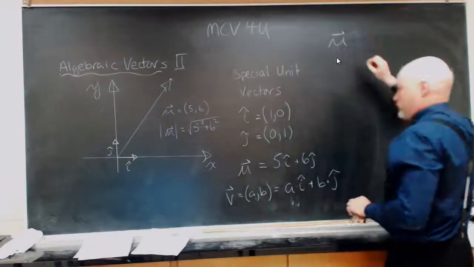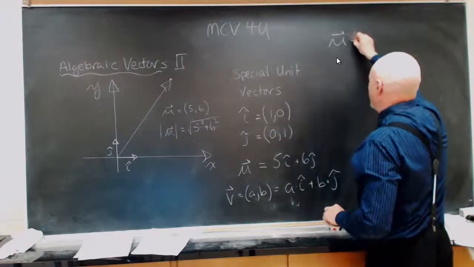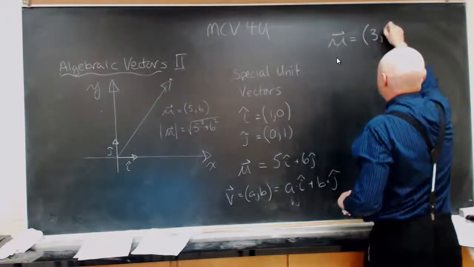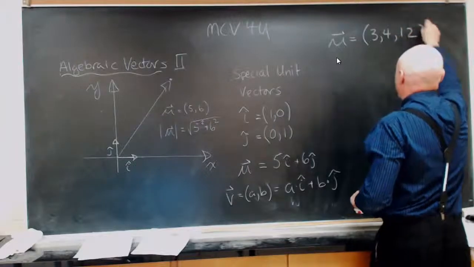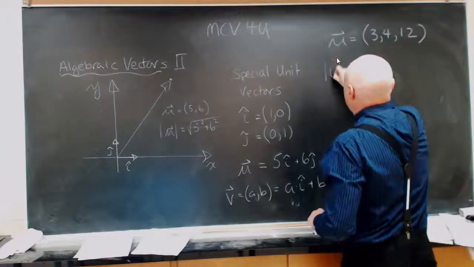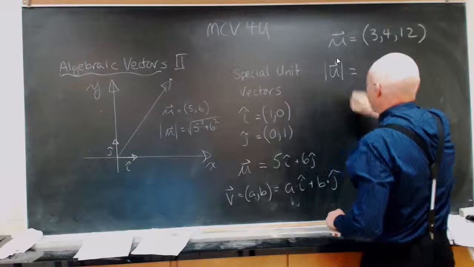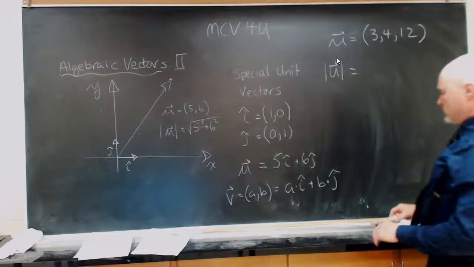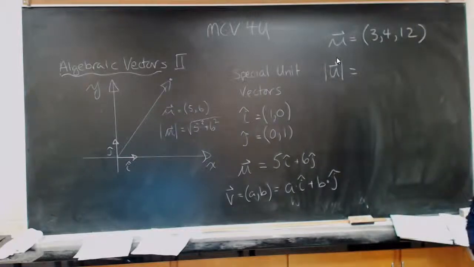So this is a new u, not the old u. And we said it was 3, 4, and 12. I want you to come up with an expression that will calculate the length of u.